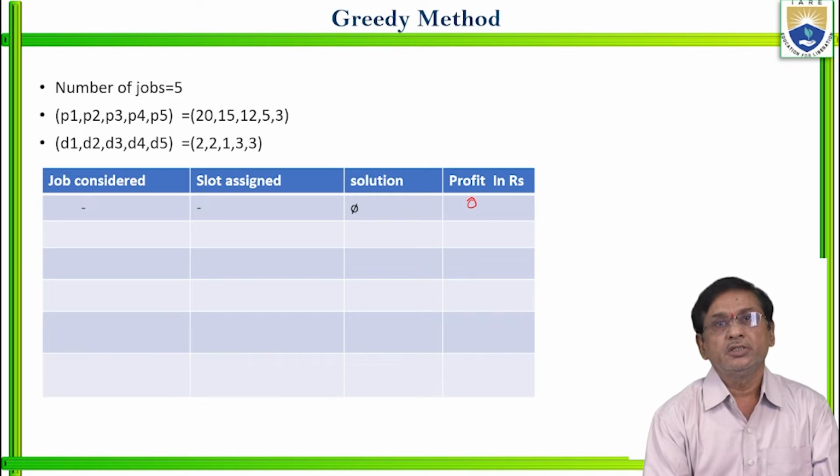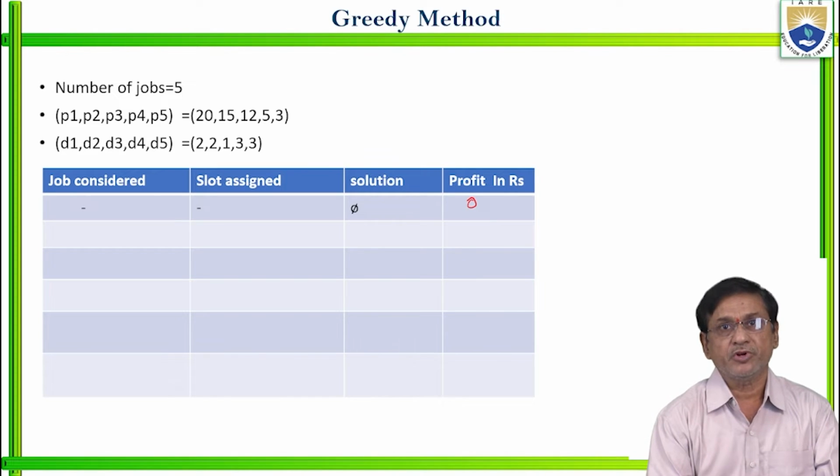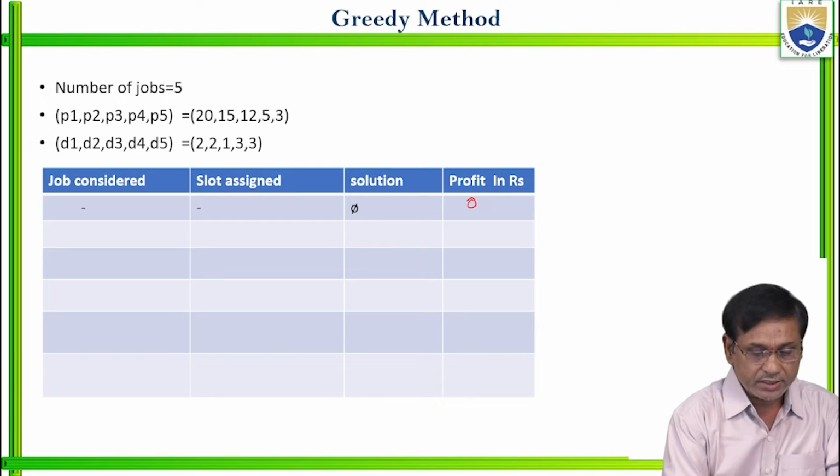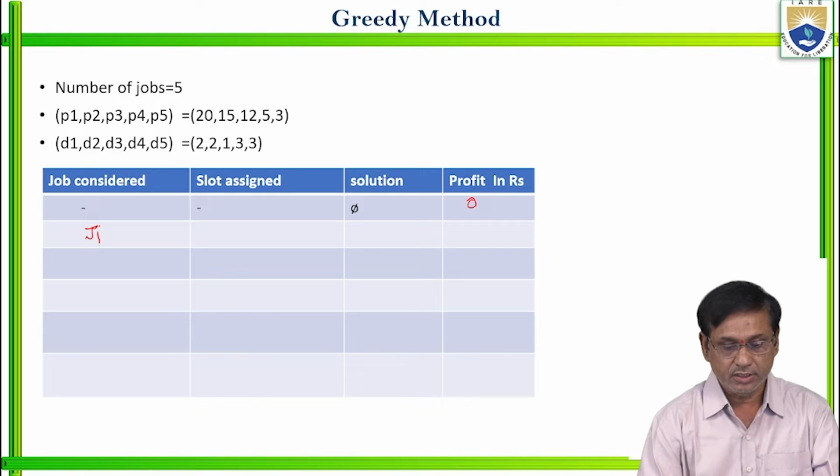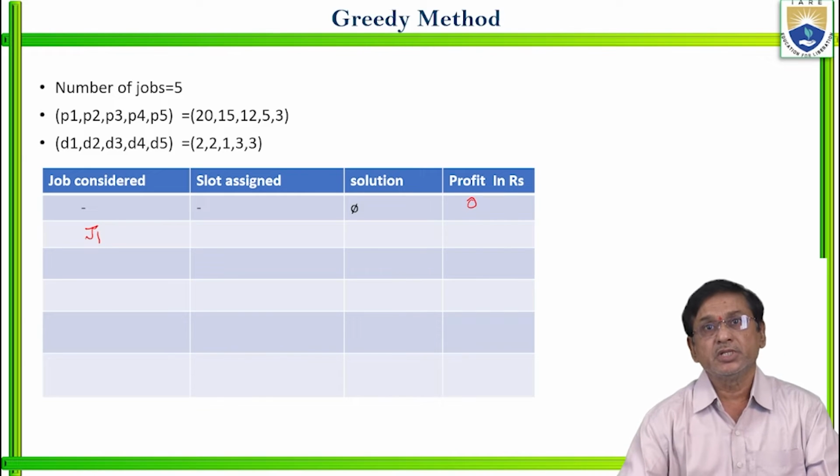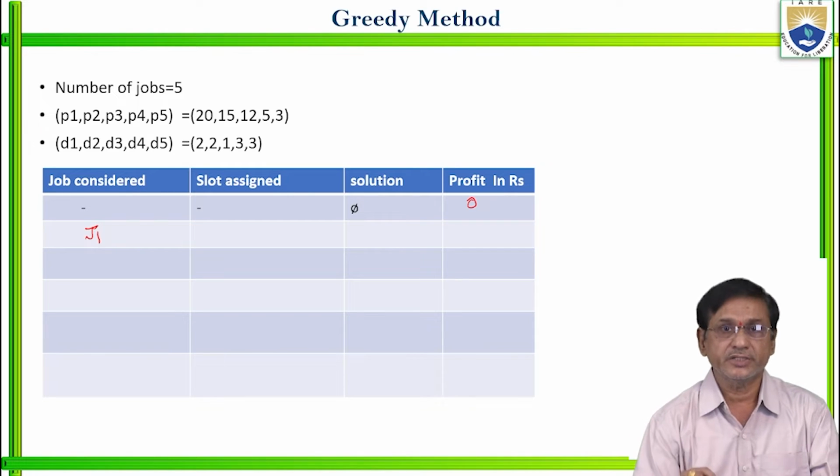Now, the first job is having maximum profit, so we can select that one, J1 here. Job considered is J1. The first job can wait for 2 hours. We can assign the first slot or second slot.